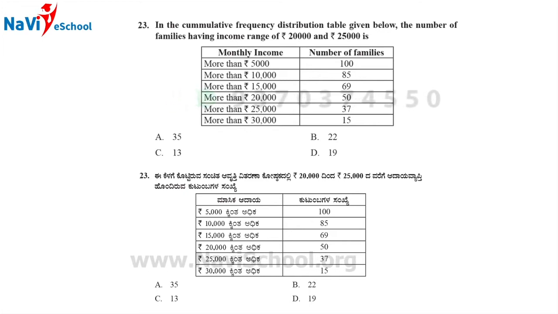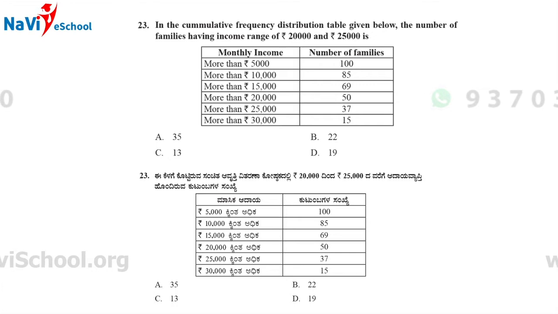How many families are there? 100 families. And more than 10,000 rupees, how many families? 85 families are there. More than 15,000, 69 families. More than 20,000, 50 families. More than 25,000, 37 families.